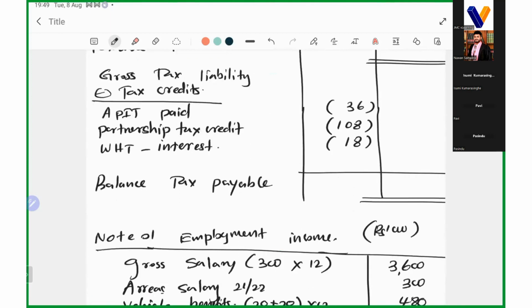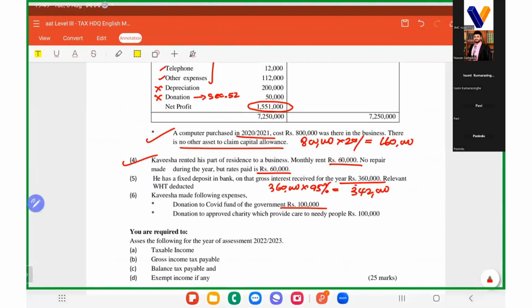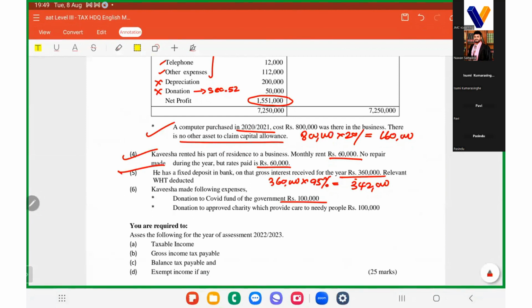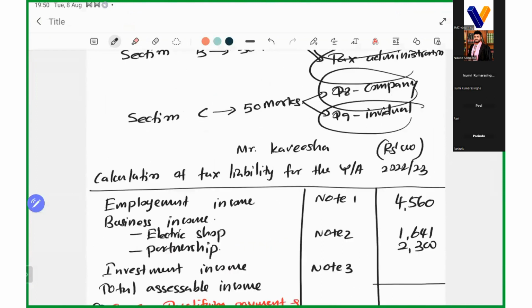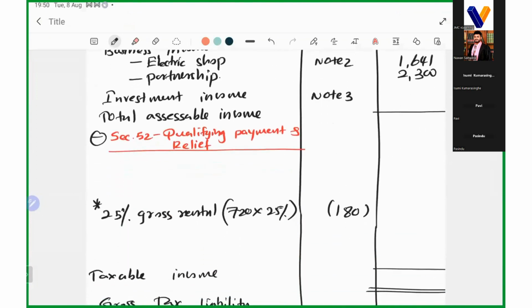So is there any other investment income? Kavisha made the following expenses: donation to the COVID-19 fund, that is a government fund. That is an approved fund in the government list, so you can deduct up to any level of the donation. There is no restriction in the form of cash or otherwise.